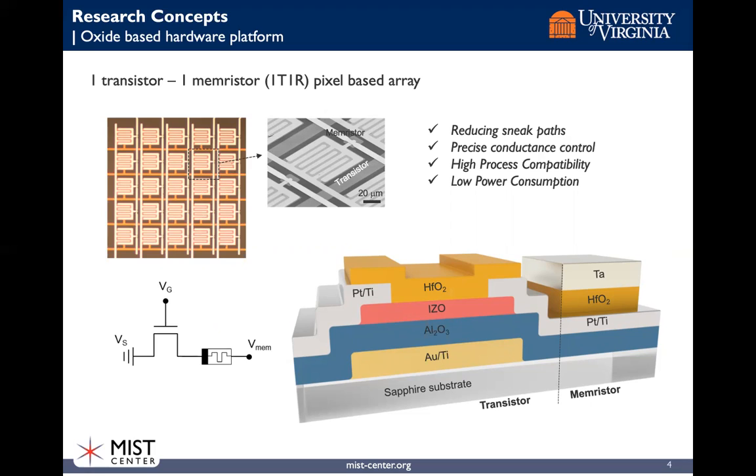Basically, the transistor is used to control the weight value of the memristor by applying voltage to the gate, so that it controls the field to the memristor comprised of hafnium oxide. The cross-sectional schematics below show the cross-section view of our 1T1R system, that is the integrated transistor and a memristor on top of it.